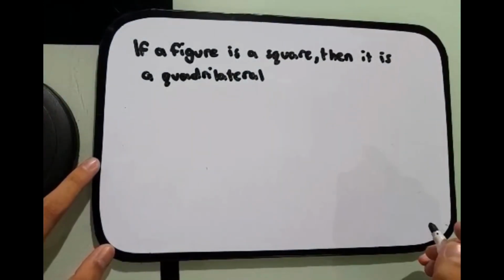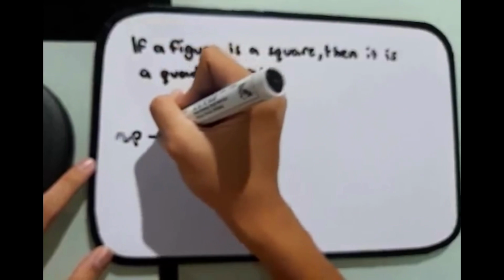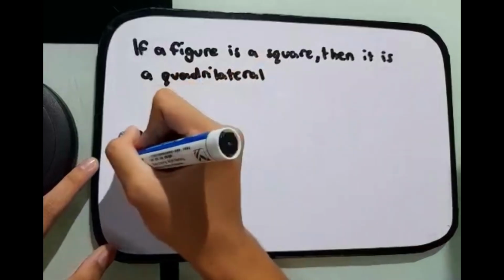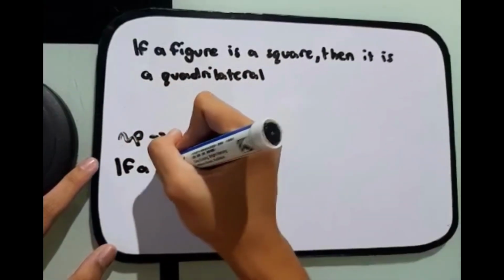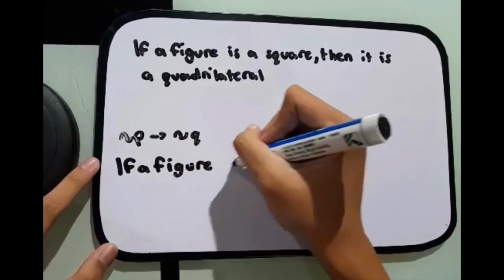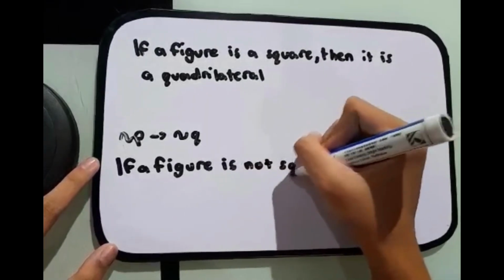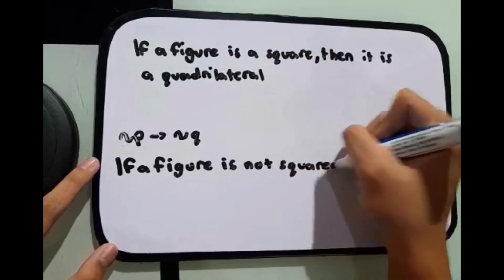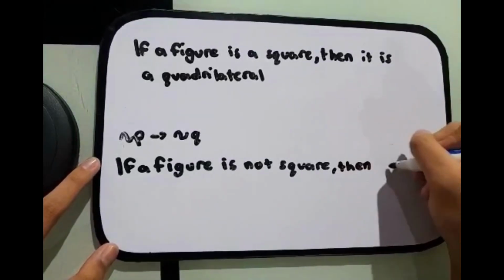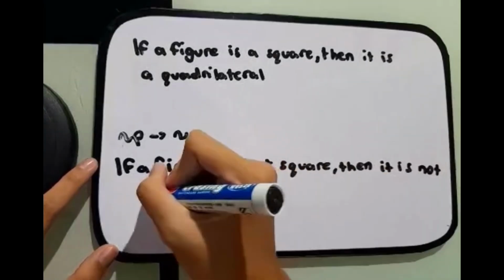Let's turn this into inverse statement. If not P, then not Q. If a figure is not a square, then it is not a quadrilateral.